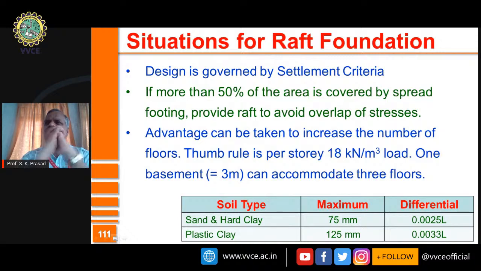Thumb rule is that for every increase in floor, approximately the additional load is 18 kilonewton per meter square. Because you have taken up cellar, you have removed this much soil, approximately equal to 54 kilonewton. Therefore, you will be in a position to increase 3 more floors. So for every 1 floor of cellar, you can probably build 3 more floors on top of them.